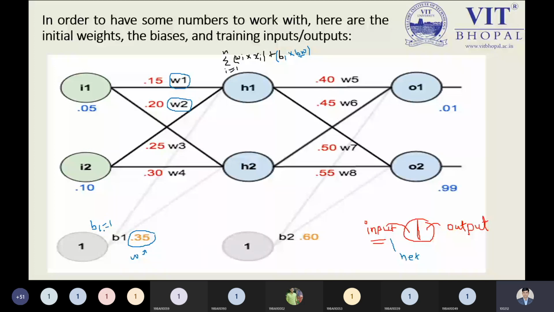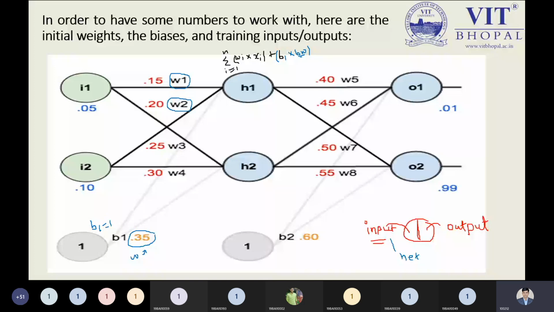We have been given the bias value 1, and its weight is also given, so we have to multiply its weight with its bias. If the weight is not given, then it's okay, we will add only the bias value. After doing the calculation, you will get 0.3775, or maybe close to that value. No issue, it's okay. That's why I'm saying you are required to use a calculator, or whatever you want to use.